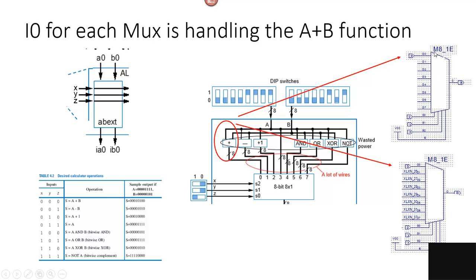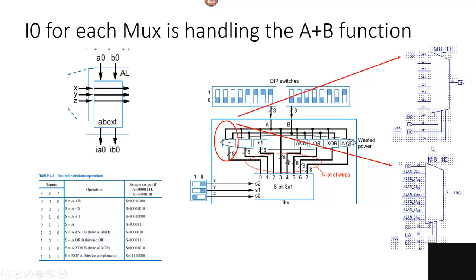Notice here, because there are 8 functions, within the extender we're going to use 2 8 to 1 muxes. The select lines are X, Y, and Z respectively for both of the muxes.